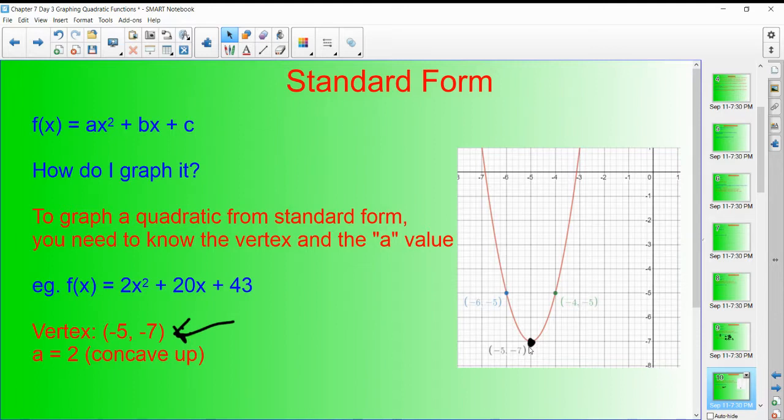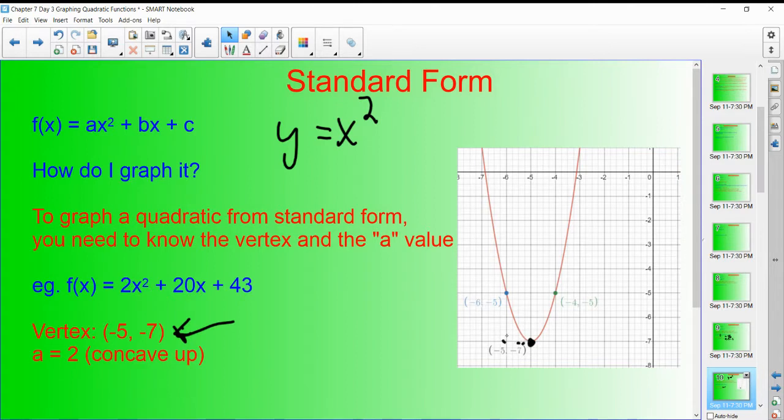Now we have to remember back to the warm-up, where if it's just y equals x squared, we go left 1 and up 1. Now the vertical stretch is going to tell us how much to go up. So now we go kind of like slope.